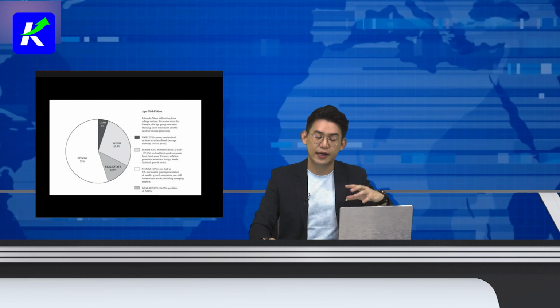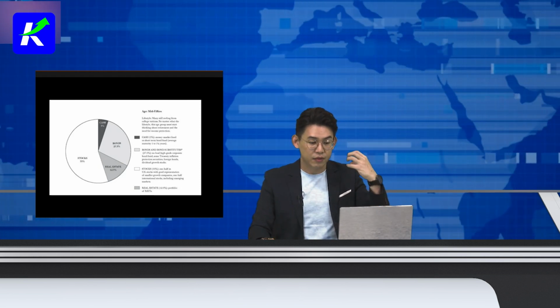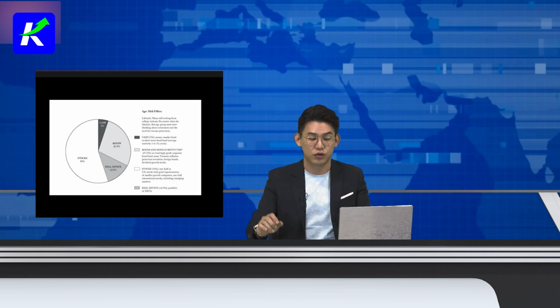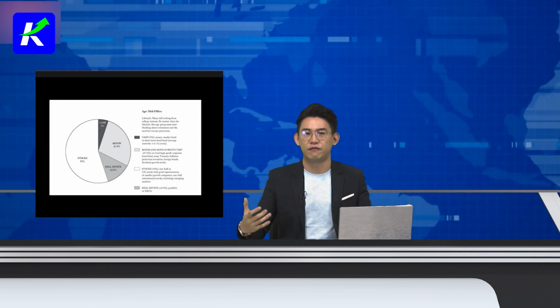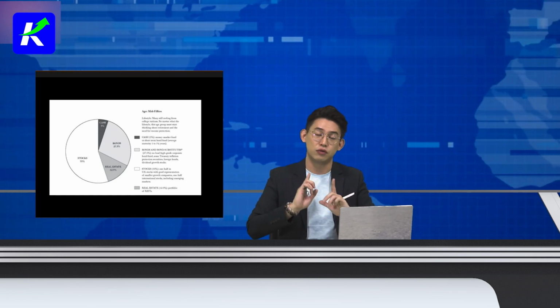Usually at this stage many are still reeling from college tuition because you still have to pay for your child. No matter what the lifestyle is, this age group must start thinking about retirement and the need for income protection as well. If you want to maintain that lifestyle, you need to have income.